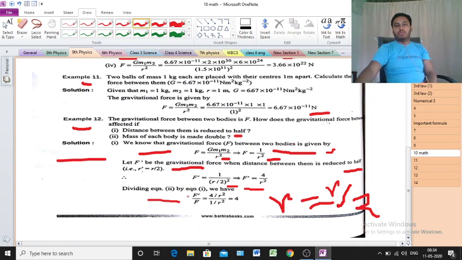So 4 by r square divided by 1 by r square, the r square cancels, and we just get 4. So F prime by F equal to 4, which is a very important expression, or F prime equal to 4F.